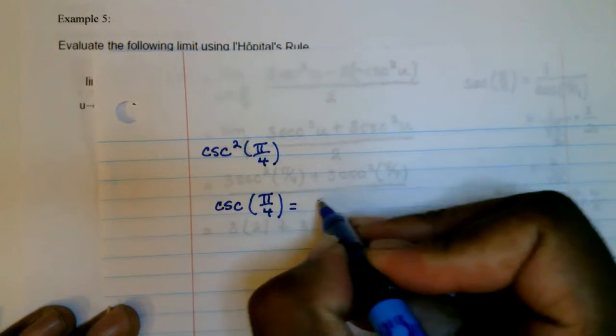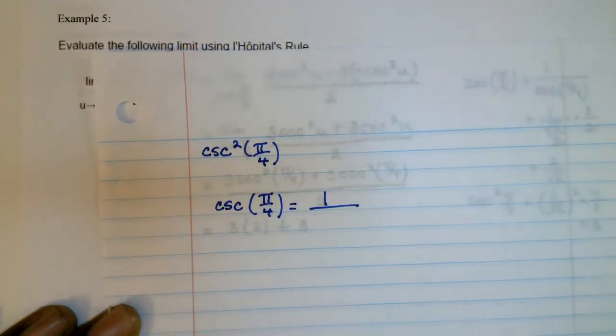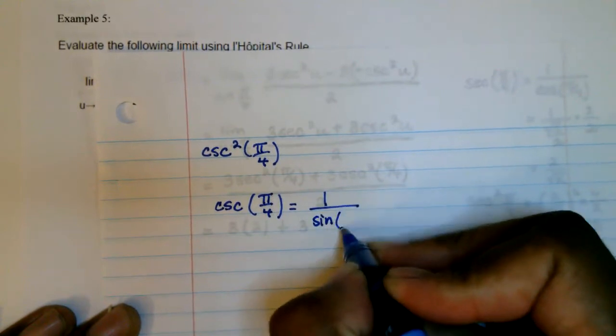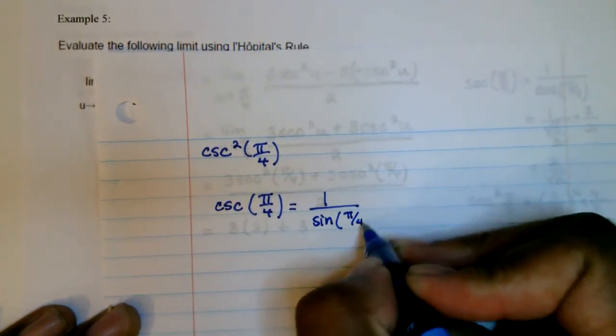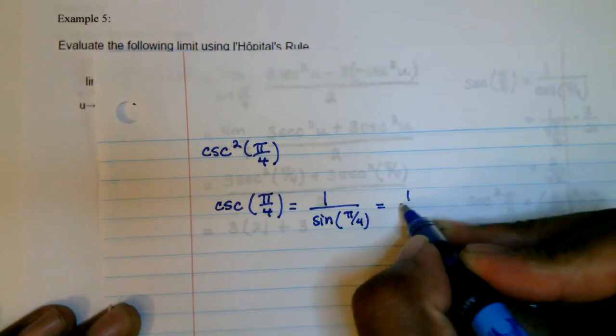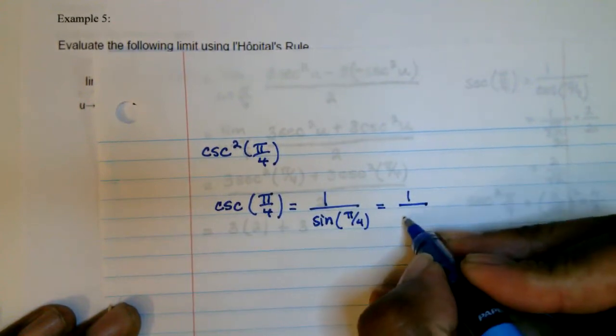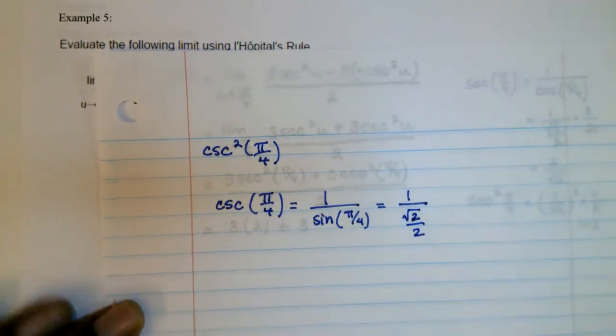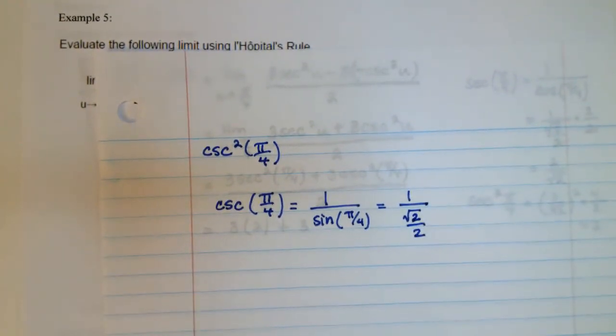Now the cosecant as a reciprocal identity will be 1 over the sine of pi over 4. And the sine of pi over 4, I know what this is, because sine of pi over 4 is the square root of 2 over 2. So I have 1 over the square root of 2 over 2.